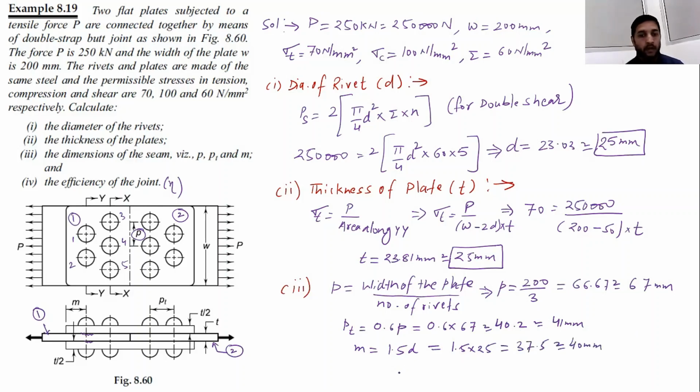Okay, and now ये निकालने के बाद लास्ट पॉइंट हमारे पास है efficiency of the joint.